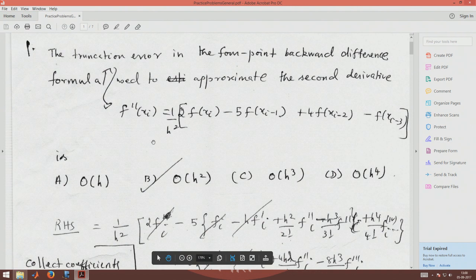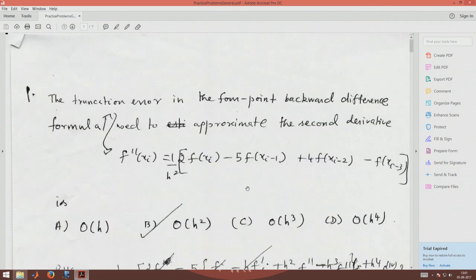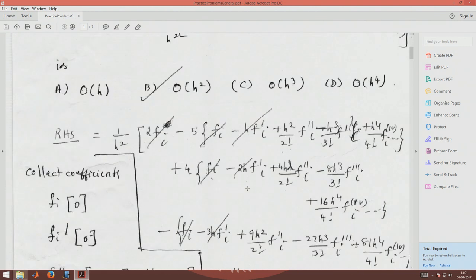Suppose I give you a formula which approximates the second derivative, f double dash of xi is given by this, and I ask you the following: show that the truncation error in the 4-point backward difference formula which is given by this, that is used to approximate the second derivative, is it order of h, order of h square, or order of h cubed, or order of h to the power of 4. I ask you to choose the correct answer from the 4 choices which I have given here.